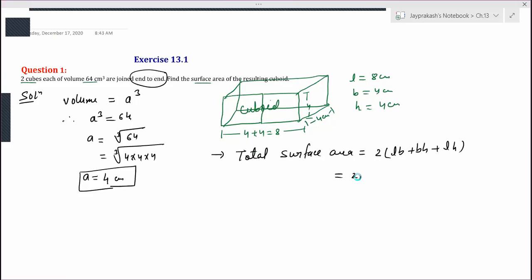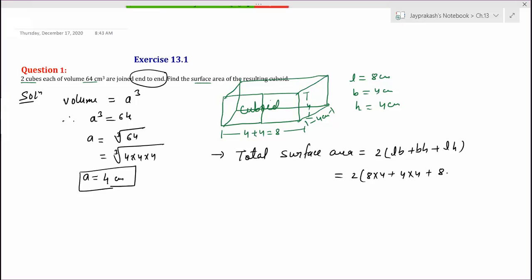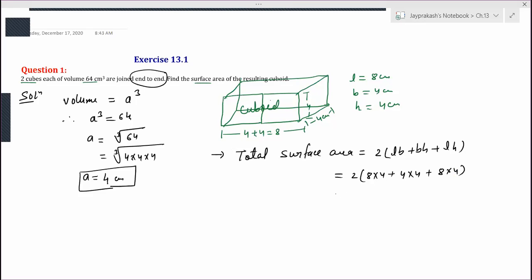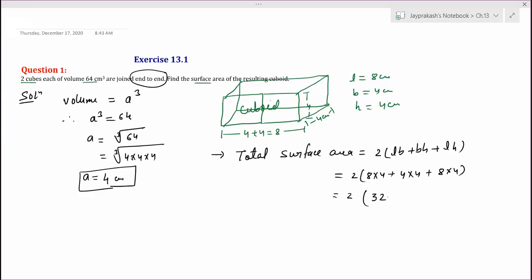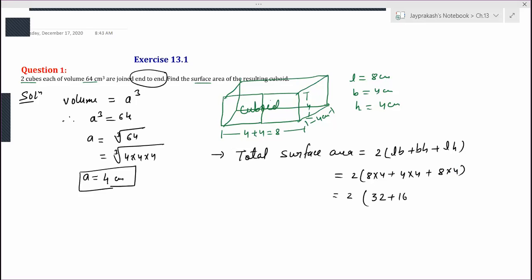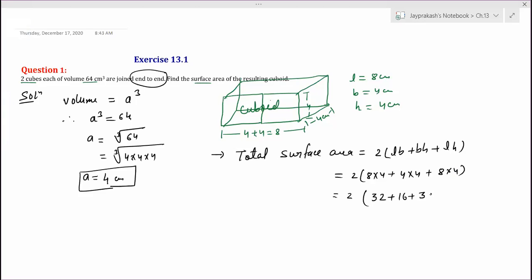So multiply it. 8 times 4, 4 times 4, again 8 times 4. So it becomes 6 plus 4, 10, 0, 1 carry 3, 3, 6, 7, 8.